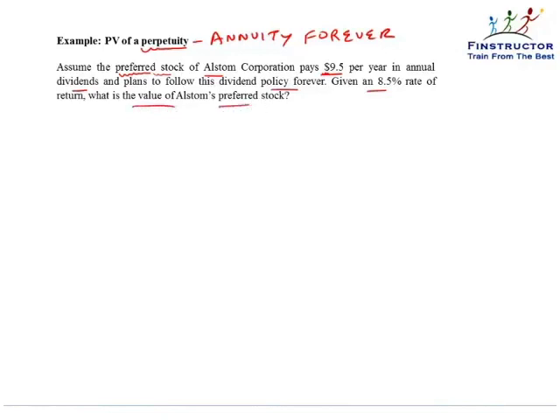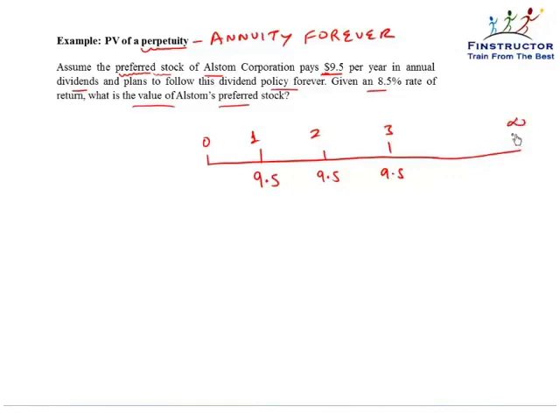So let's first draw the timeline of the cash flows. At t equal to 0, I'm not getting anything. At t equal to 1, the first payment comes of $9.5. At t equal to 2, another 9.5, and so on and so forth till infinity.